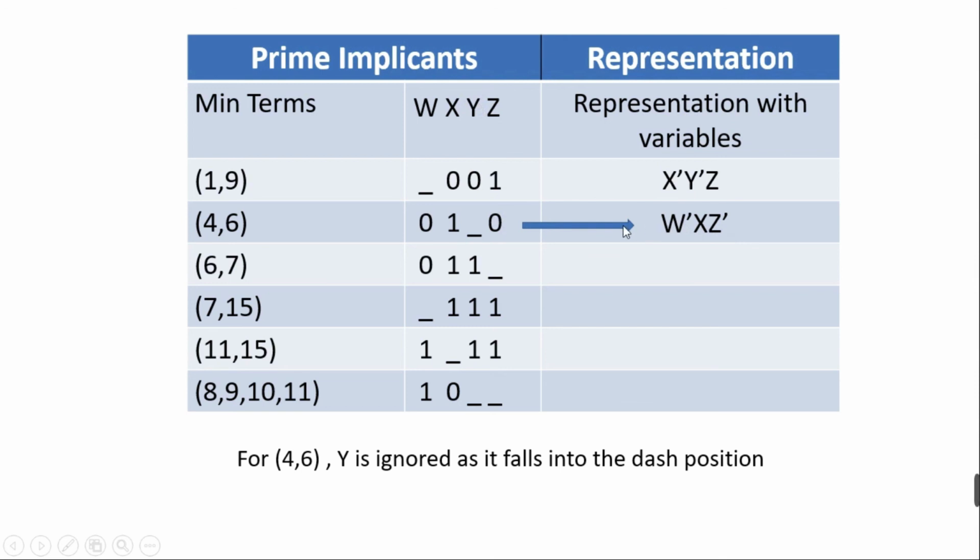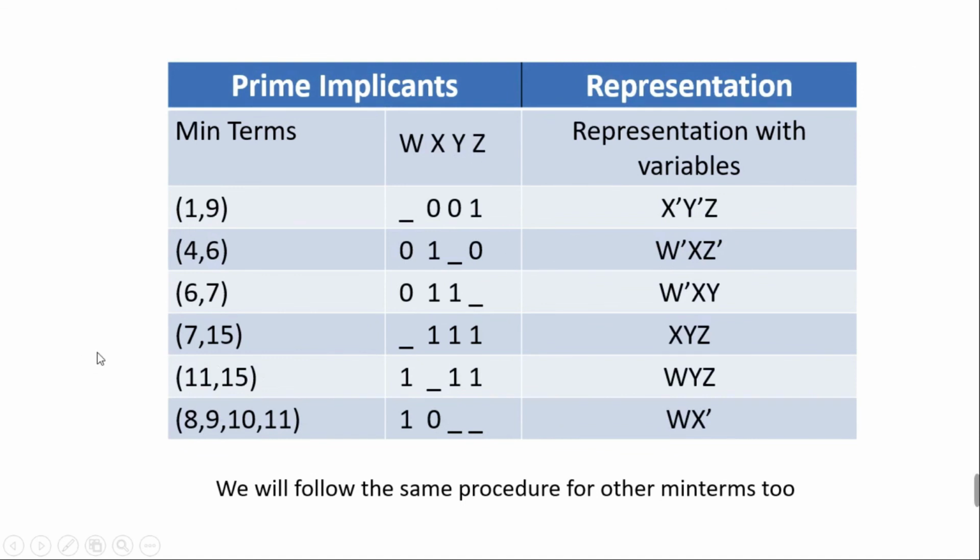Whenever we get a dash we ignore it, and we represent the rest of the bits using the corresponding variables. By following this same procedure we can represent all of the pairs, and this is what it looks like after we're done with the representation.